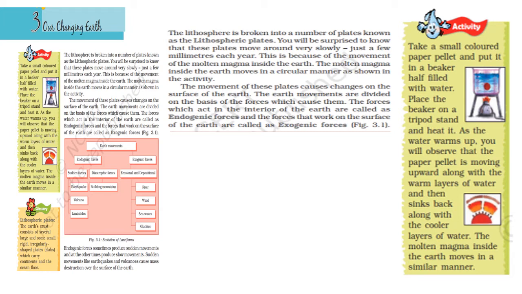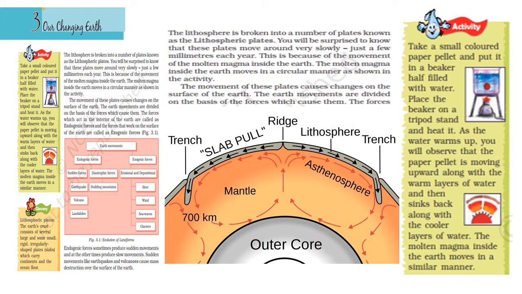As the water warms up, you will observe that the paper pellet moves upward along with the warm layer of water and then sinks back along with the cooler layers of water. The molten magma inside the earth moves in a similar manner. See this diagram.